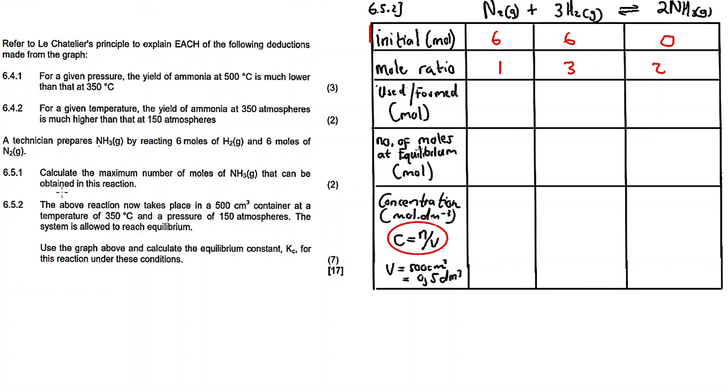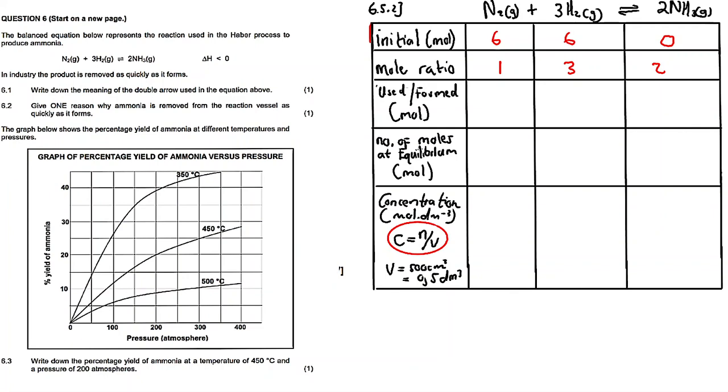So this value is actually the formed amount of the ammonia, but there's a catch. As we said, let's look at the graph above. Okay, so this is the graph.